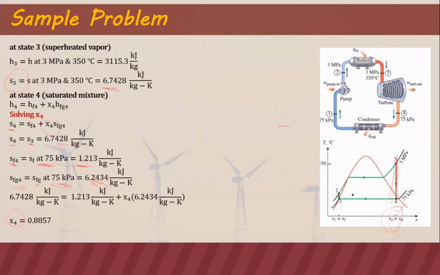As you can see, if X is equal to 1, then this is a saturated vapor. If X is equal to 0, that is a saturated liquid. For this case, since this is 0.8857, it is almost at the saturated vapor side. So this is a steam with high quality entering the condenser.